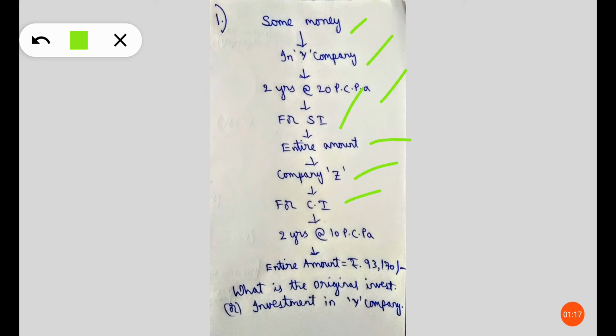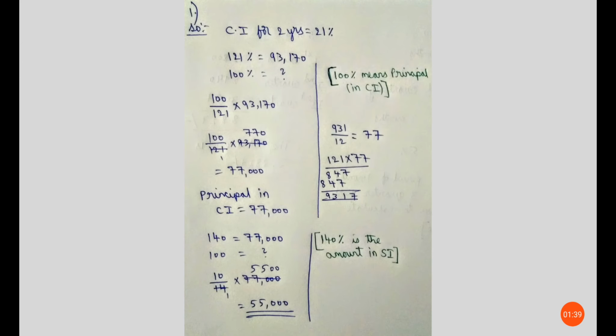The time period again is 2 years, but the rate of interest is only 10% per annum. After 2 years, she received 93,170 rupees. What is the original investment, the money she has invested in company Y? That is the thing we have to identify. Let's see how to solve this question.